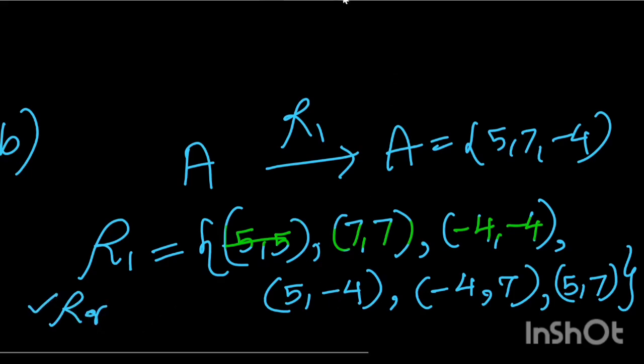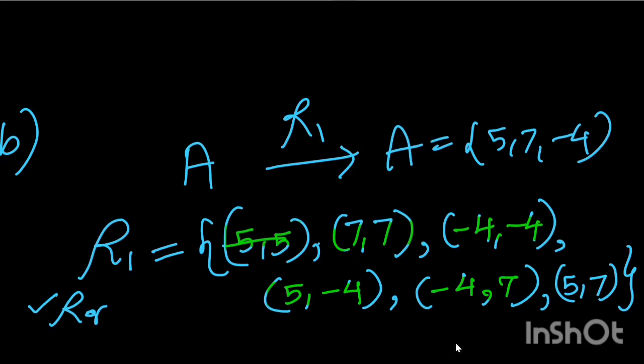Again, 5, minus 4 is given, so AB is given, BA should be there for symmetricity. So as you can see, 5 minus 4 and minus 4, 7 is also given.